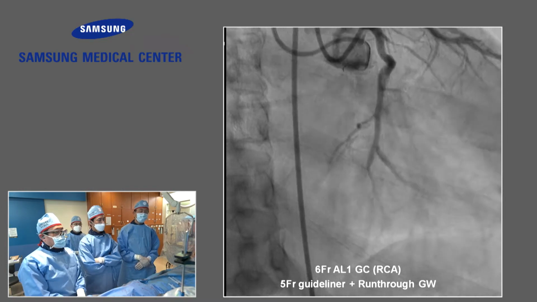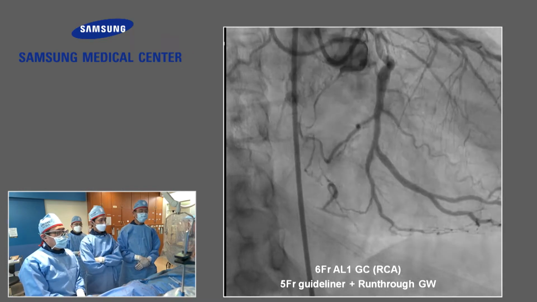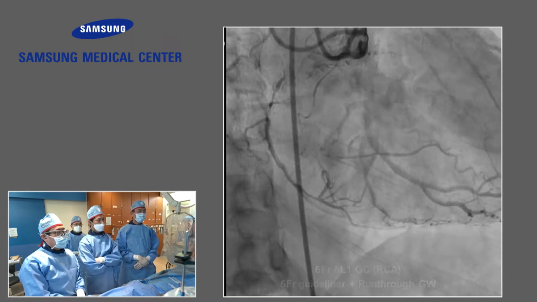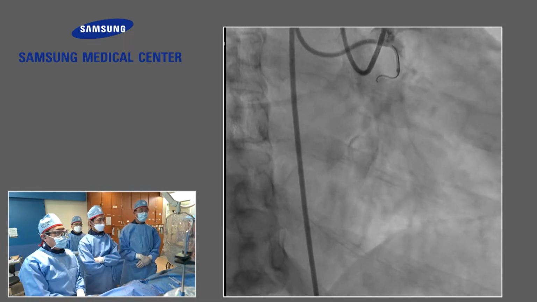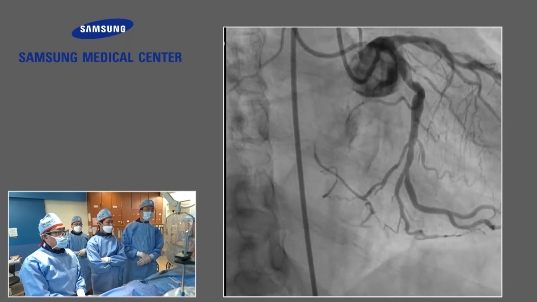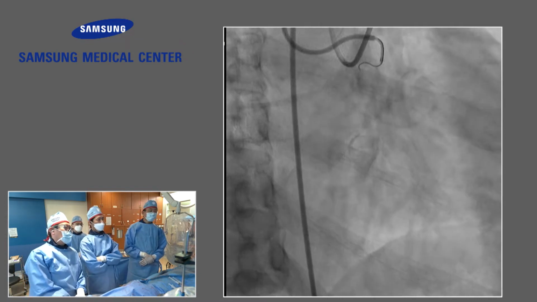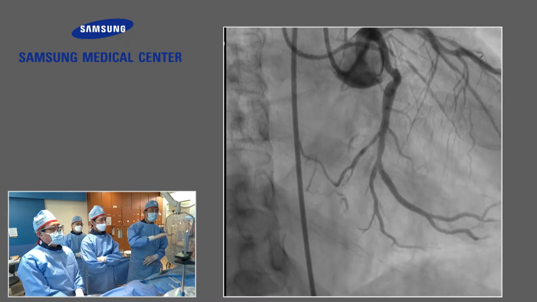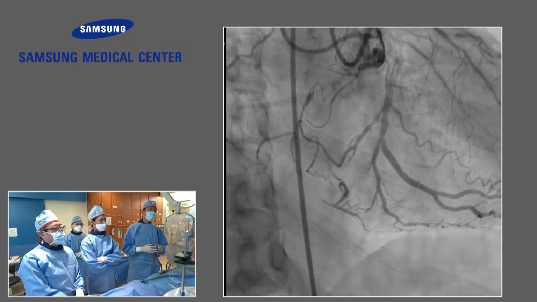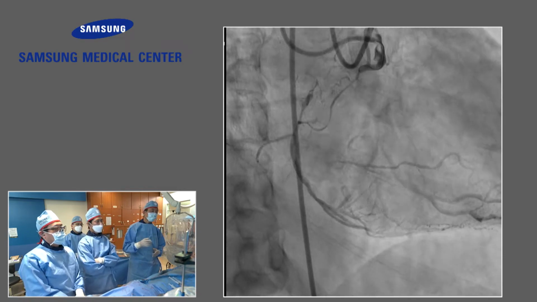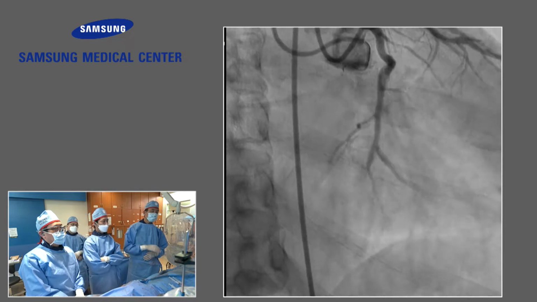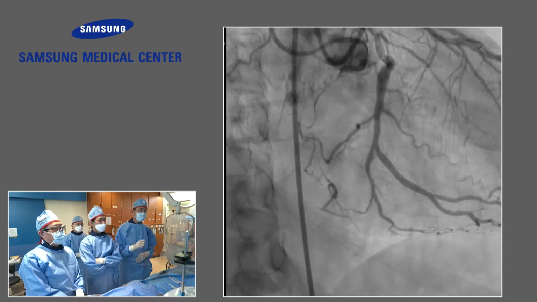It doesn't go in. I tried the 6 French Godzilla inside the right coronary, but Godzilla doesn't go in because there is the angle. Alignment is not good, and the wire support is very short, very poor. It's very difficult to insert the 6 French.